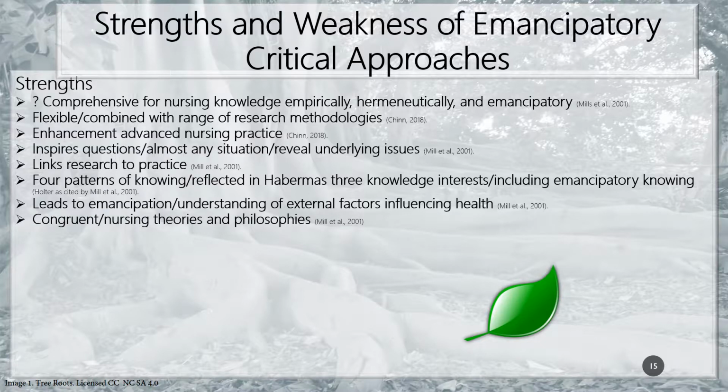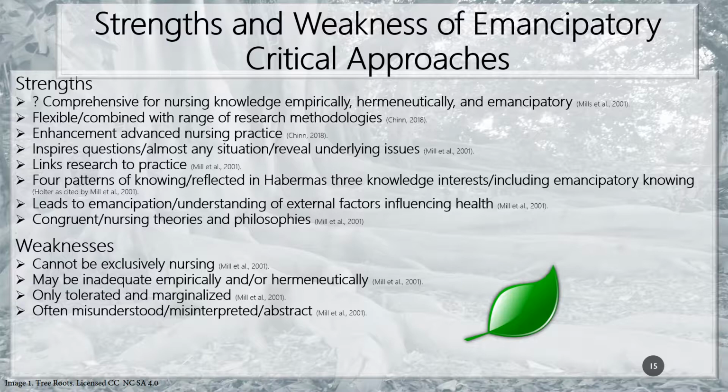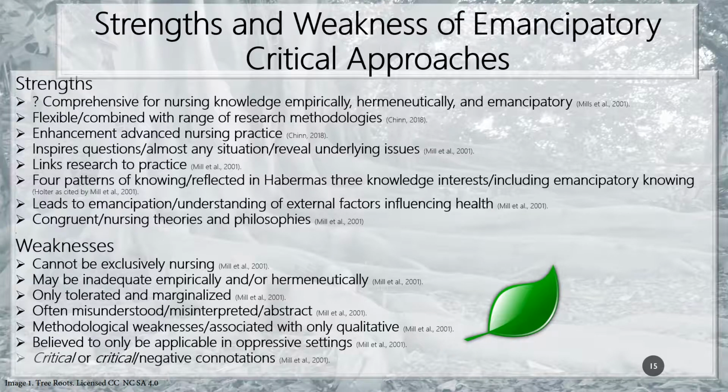Its main weaknesses are that it doesn't belong only to nursing. It can be difficult to measure, and sometimes it's marginalized and only tolerated by some scholars. It's often misunderstood and misinterpreted because it is abstract. Also, some people believe that it's only useful in settings of oppression. And finally, the word critique or critical has many negative connotations to it.